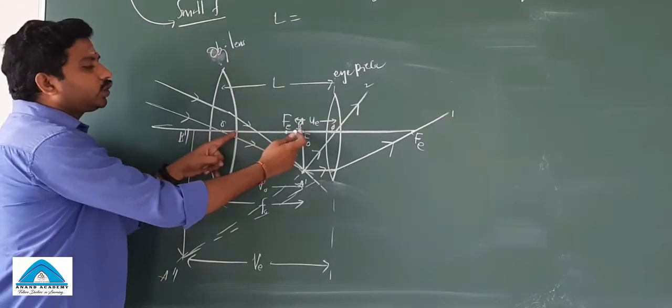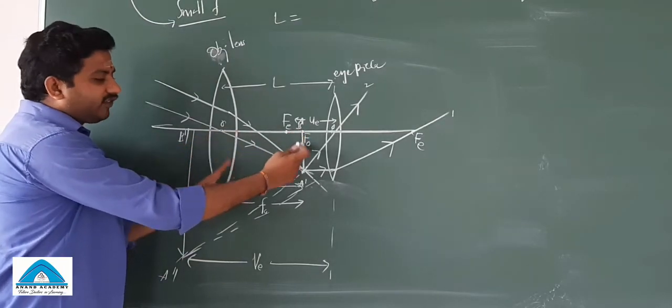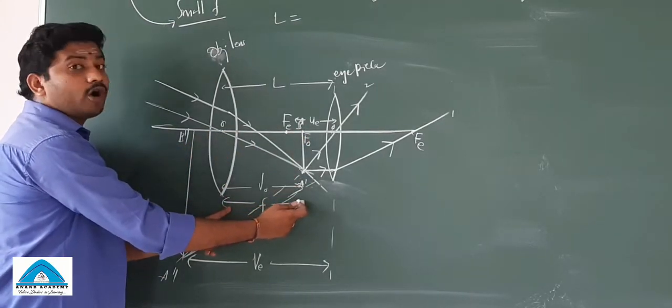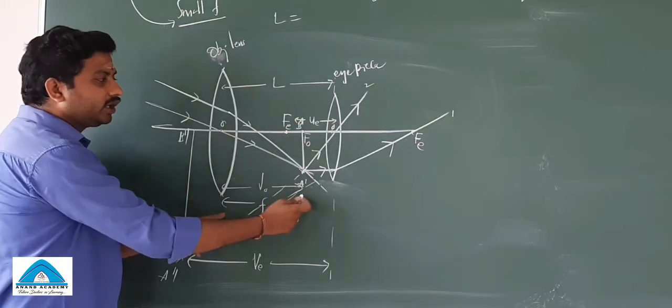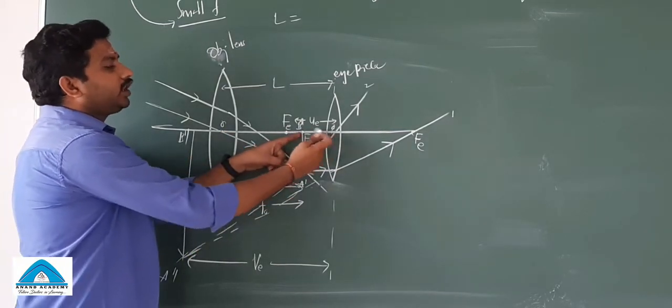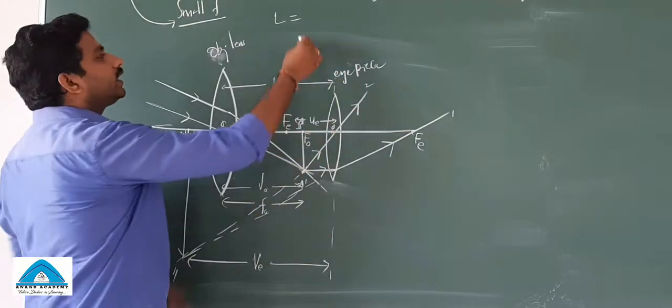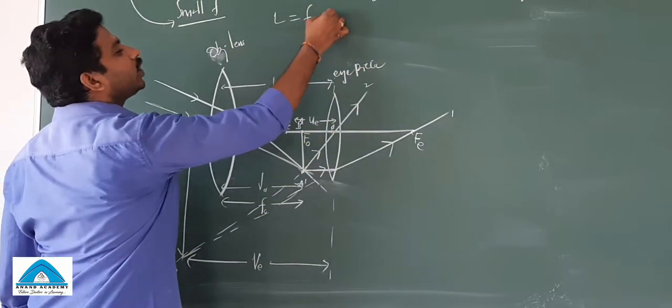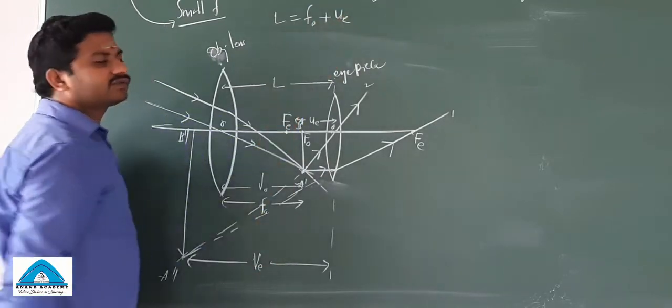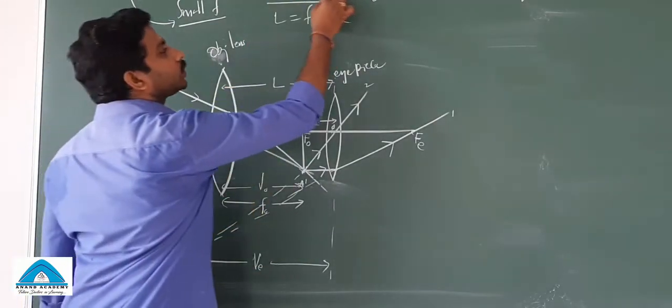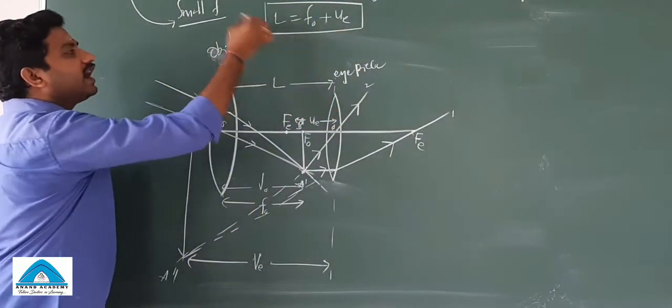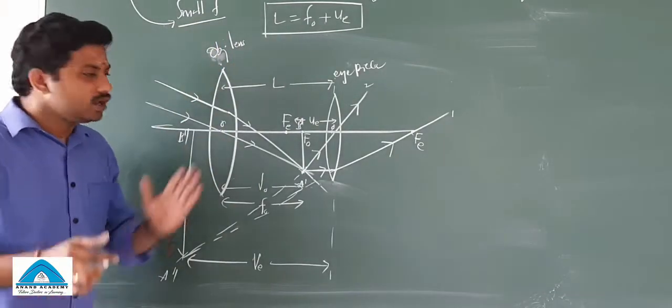From here to here there is the focal length of the objective lens, and from here to here, the object distance for the eyepiece. So L is equal to f naught plus the object distance for the eyepiece. This is equal to the length of the astronomical telescope.